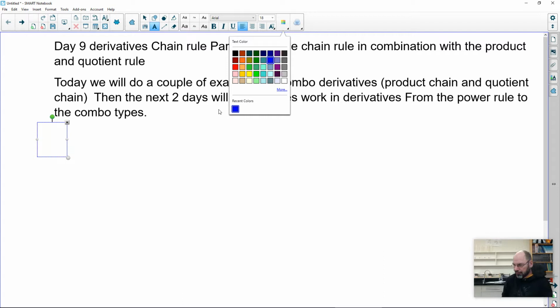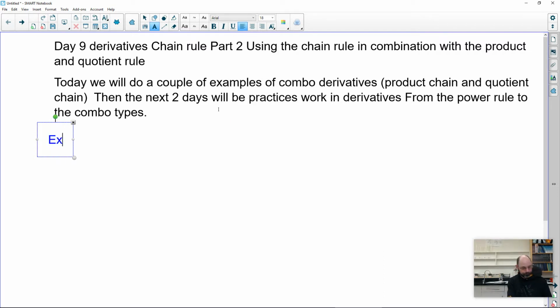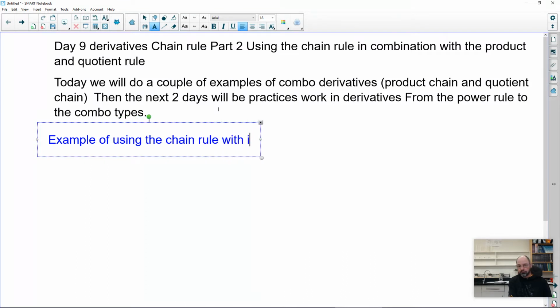Let's say that I'm going to do an example of using the chain rule within the product rule. And the best way to show this is to do a few examples.